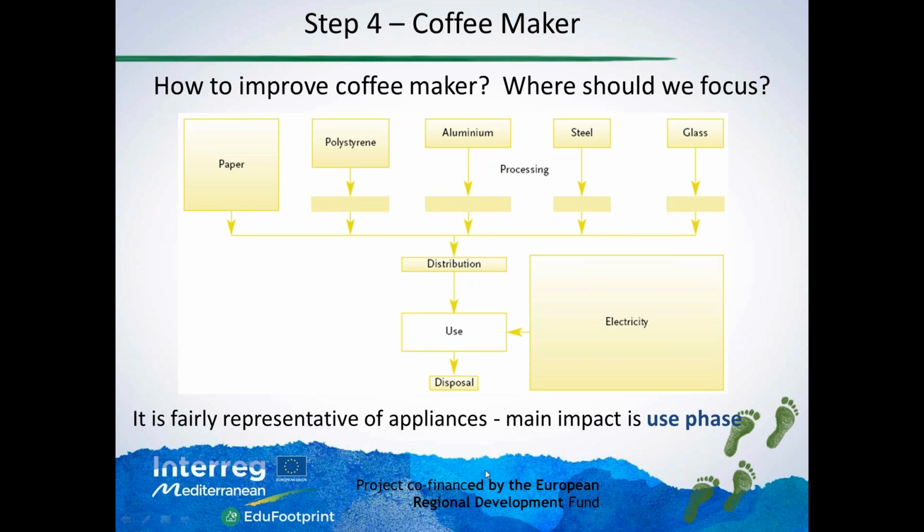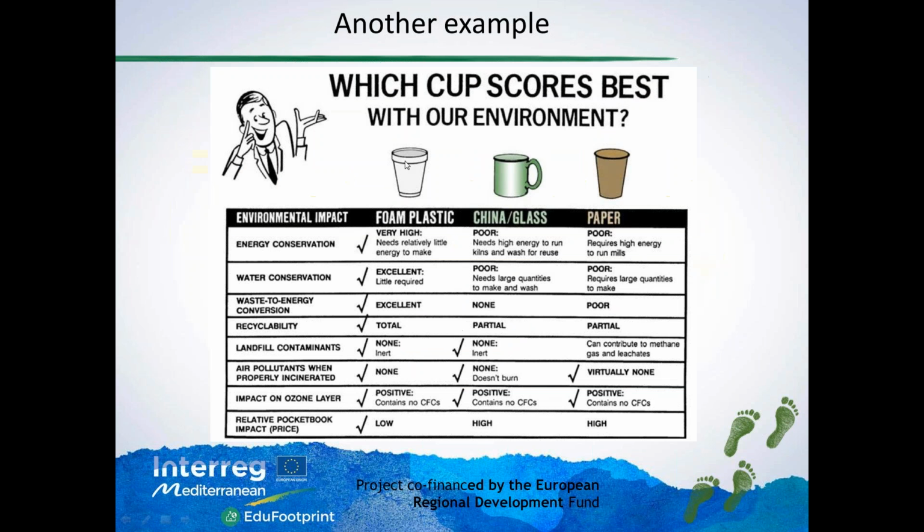This is another example, in which cup scores best for the environment, and this kind of LCA makes a comparison between three kinds of containers: foam plastic, glass cup, and paper cup.